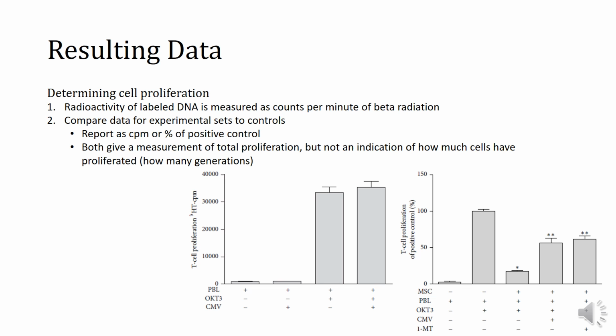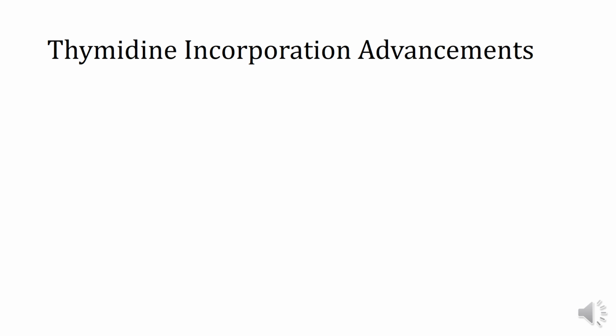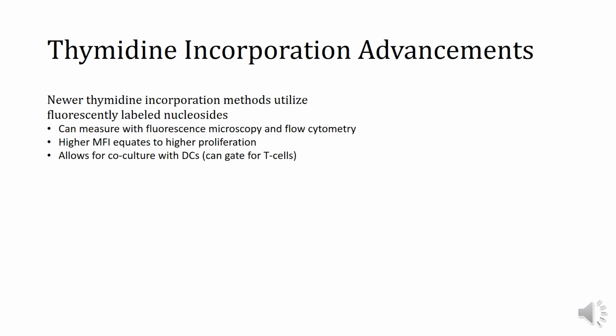Thymidine incorporation has advanced beyond the traditional radiolabeling to instead use fluorescent labels. These are not radioactive, and you don't need to extract DNA, so there are some advantages over traditional thymidine incorporation. You can use flow cytometry or fluorescence microscopy, and it's similar to CFSE.